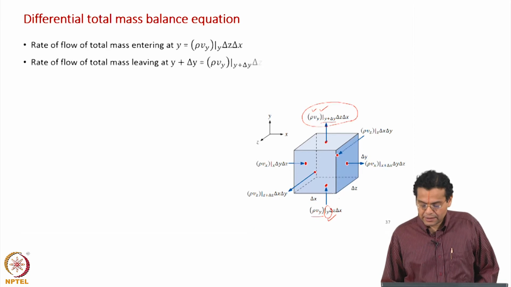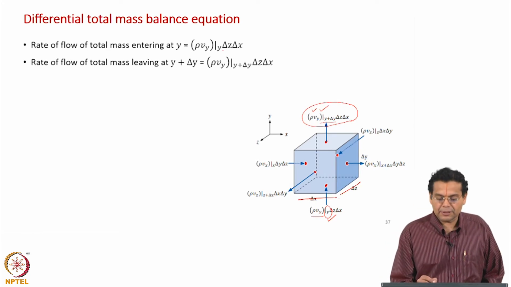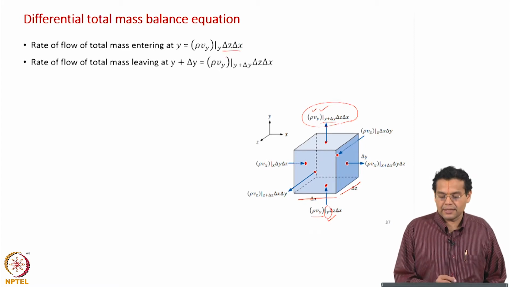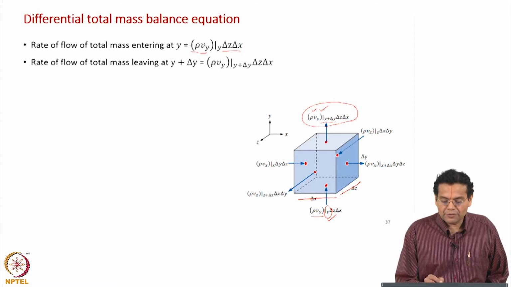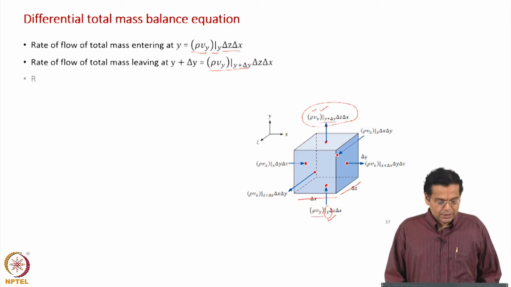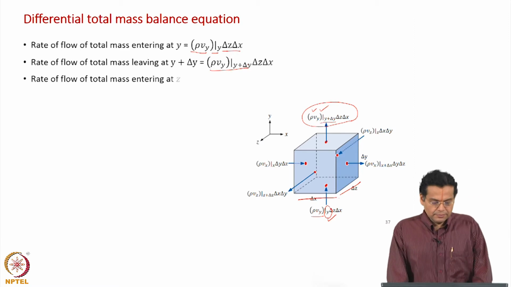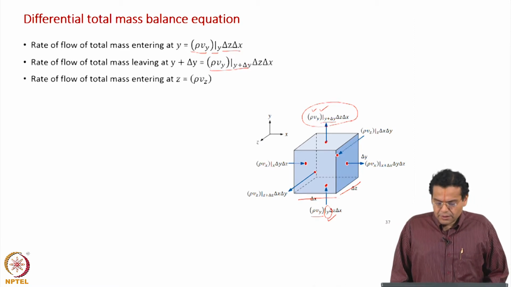What is the area? The area is delta z into delta x, that is the expression you see here. Rho V y for entering is evaluated at y, for leaving it is at y plus delta y. So, let me just show for the z direction, rho V z at z.